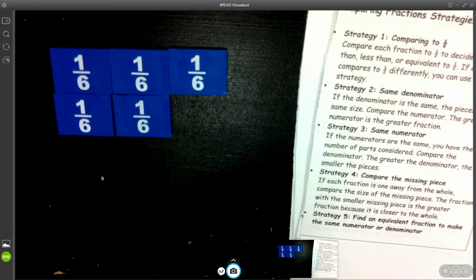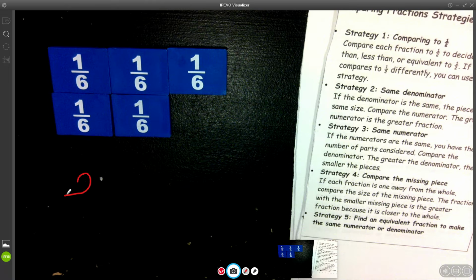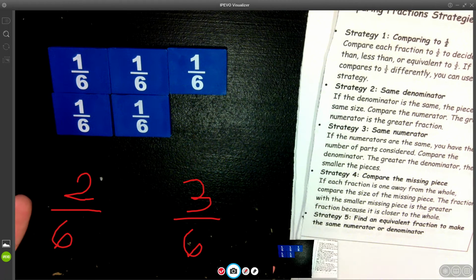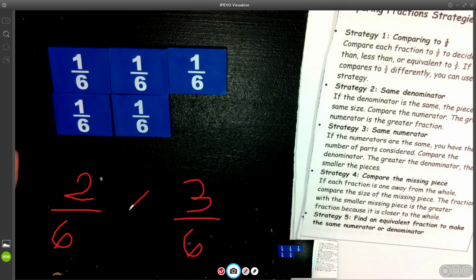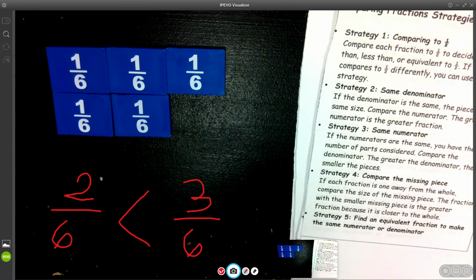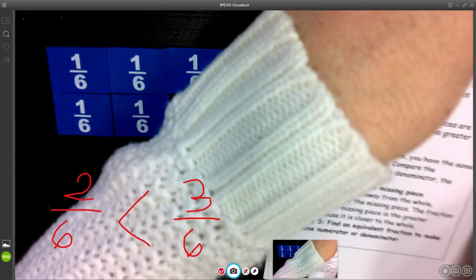So say they ask you which one, so 2/6 compared to 3/6. Well, it's just like, do you want 2 pieces of pizza or 3? And in this case, we're starving and we want the most amount of pizza. So 2/6 is less than 3/6. Do you see how right here it shows me? And if you get a problem like this, you should say, woohoo, because all you have to do is compare the numerator.